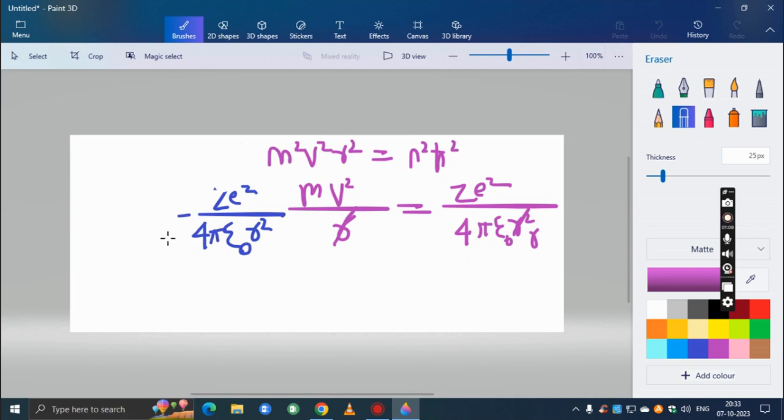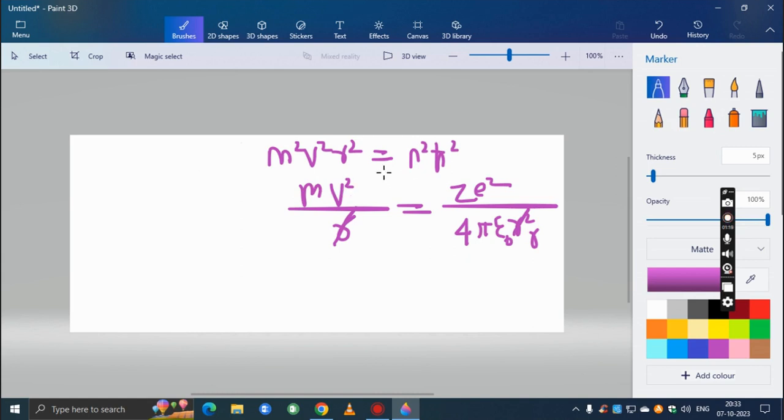So m square v square r square divided by mv square is going to give you mr square, and that's equal to n square h bar square, 4 pi epsilon naught r, just taking the reciprocal, divided by Ze square.